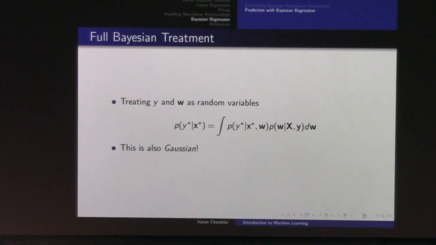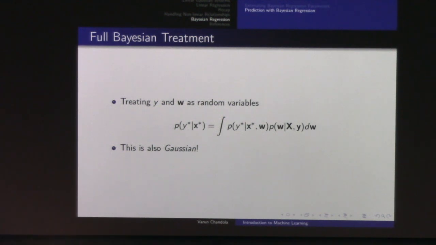But with Bayesian regression, with every W, it gives some probability because it's giving a probability distribution. So instead of picking only one W, we say, let's pick every W, but weight it by its probability, which means that if some W is highly probable, then I trust it more. And if something is less probable, I trust it less.